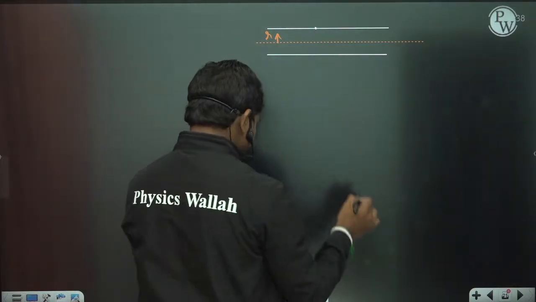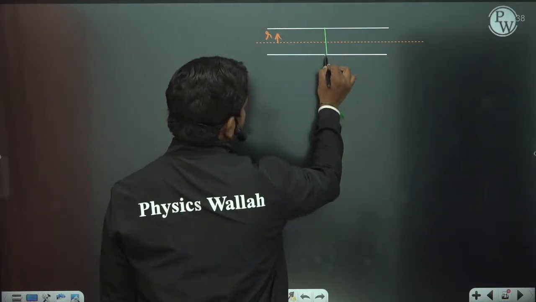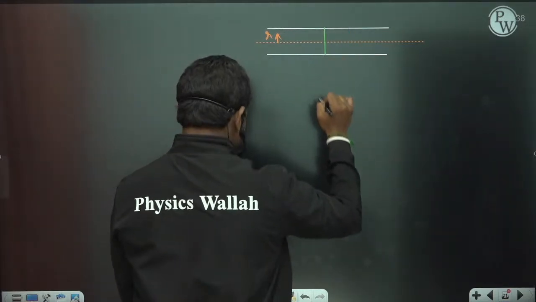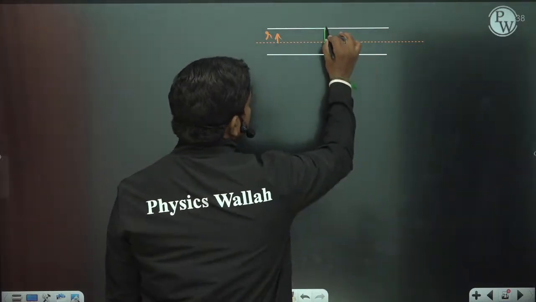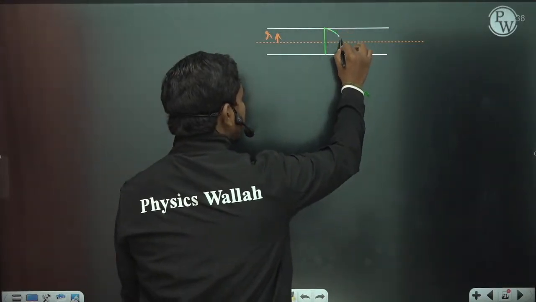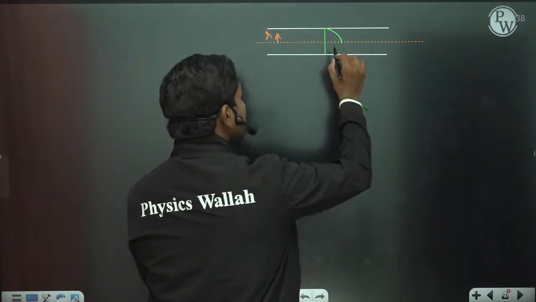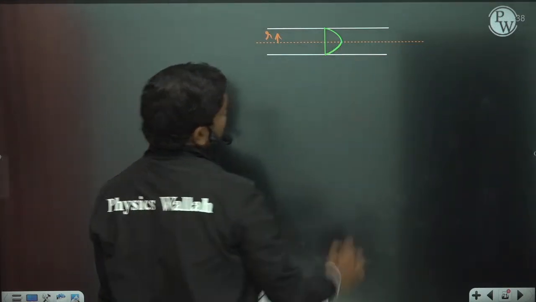The velocity profile in a pipe generally looks like this. From the center, from the 0 location, it slowly increases and reaches a maximum at the radius. Similarly, it is symmetric, so this is the velocity profile.